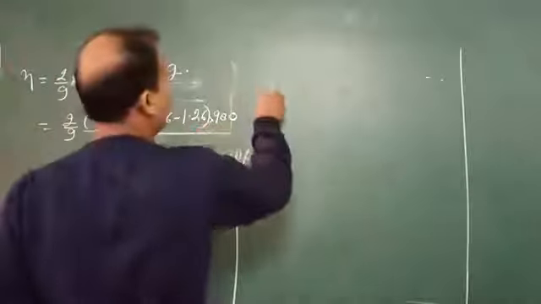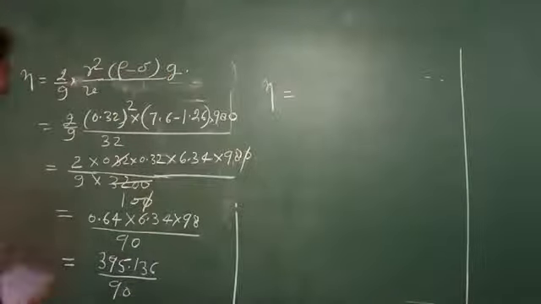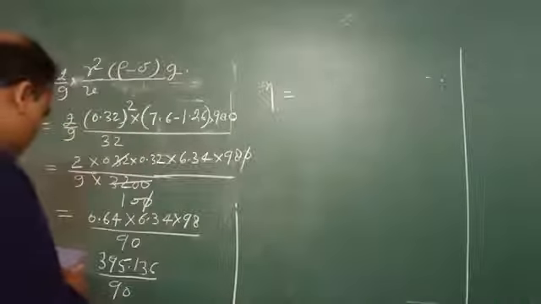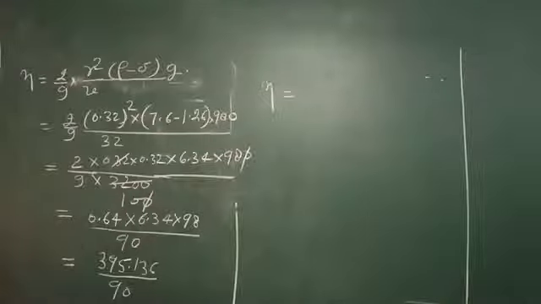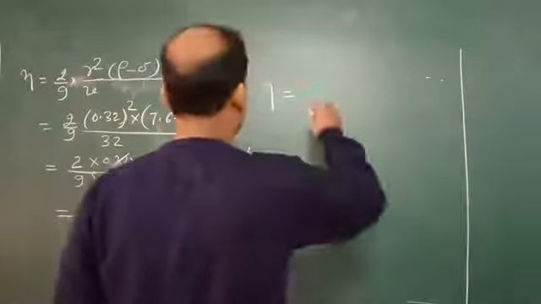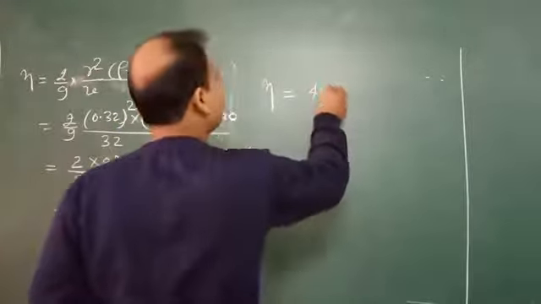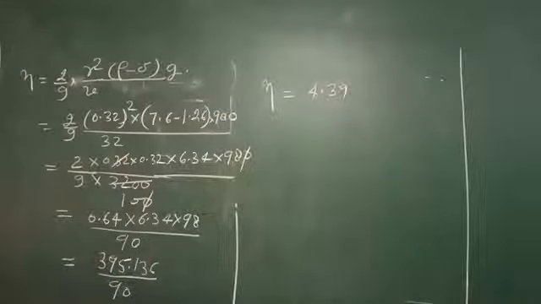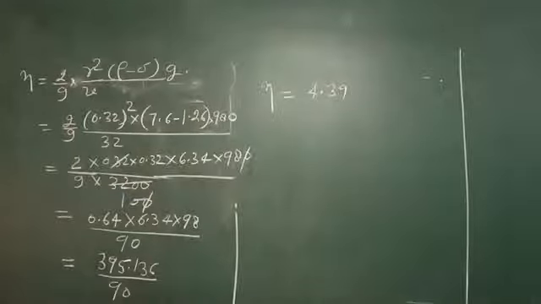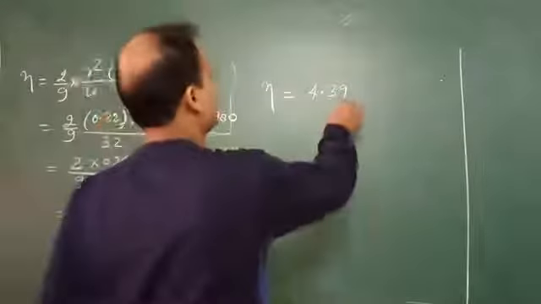And now eta is equal to 395 divided by 90, so 4.390. This is in centimeter and seconds, so we will note it in the CGS system, the centimeter gram second unit.